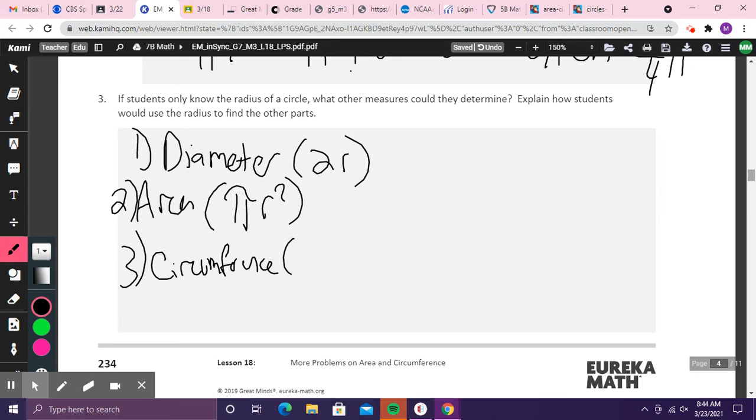And you could technically go 2 times pi r, or pi times the diameter, right? Is there anything else? Area, circumference, diameter. I think that's all we really need to know, right? That's all we really talked about.